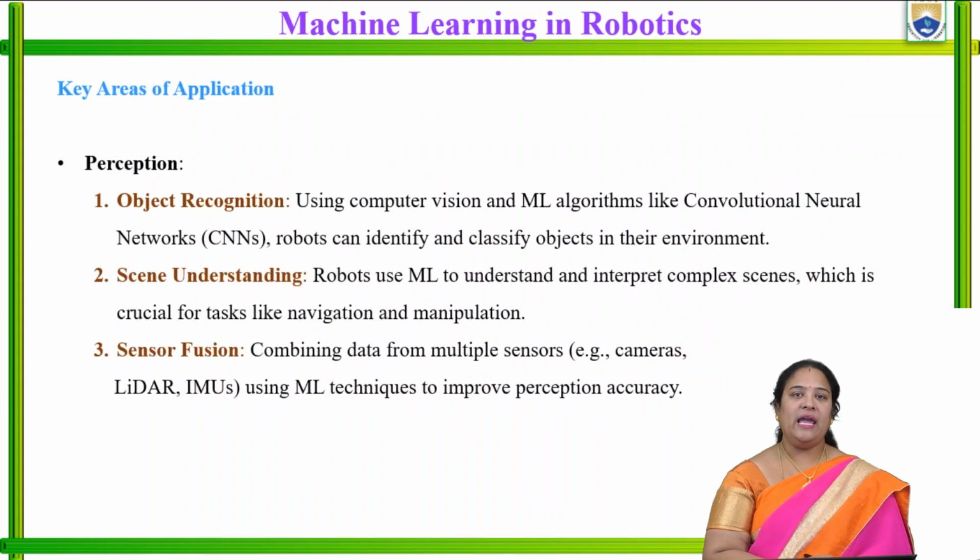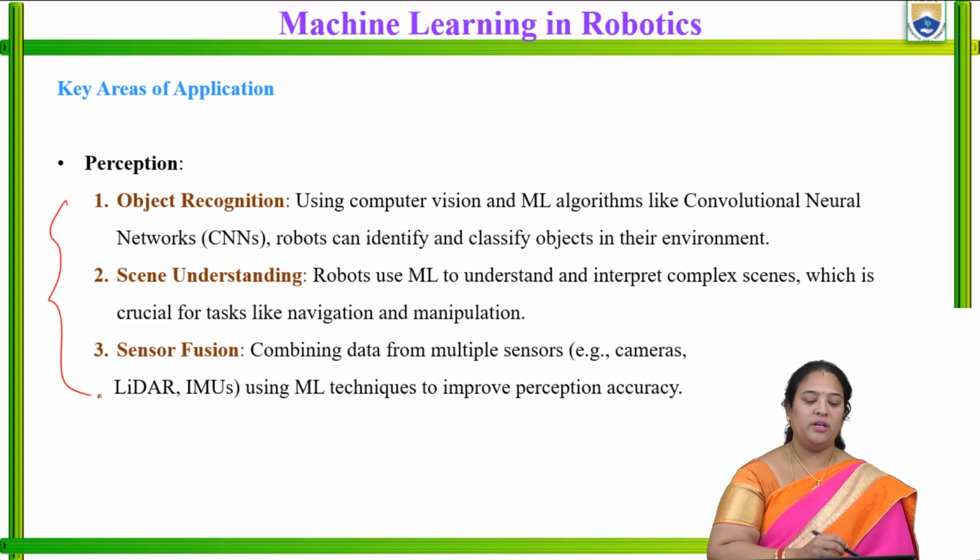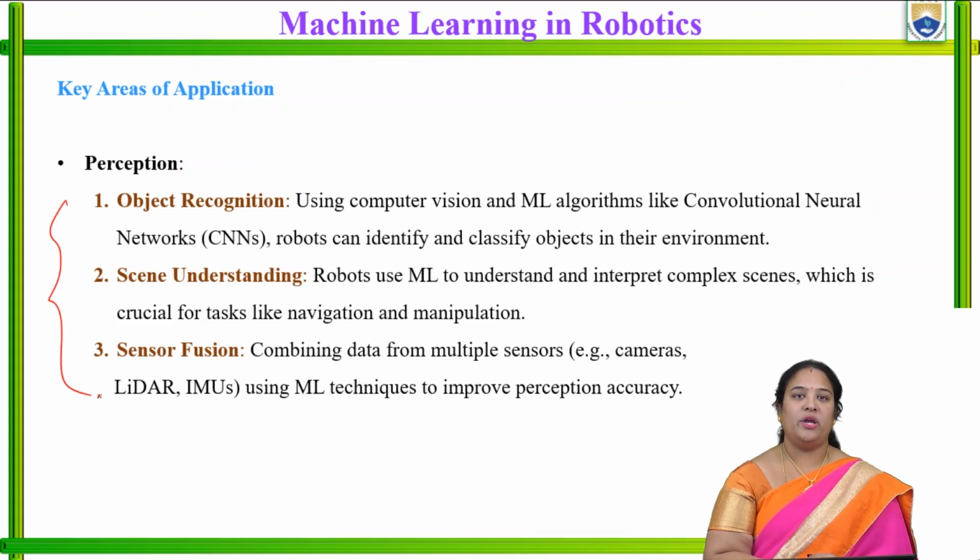The key applications under the machine learning topic in robotics are object recognition, scene understanding, and sensor fusion. These are some of the important perception tasks, and that is the reason why machine learning is being introduced in the design and manufacturing of robots nowadays.